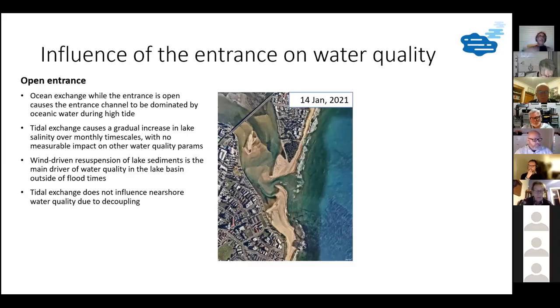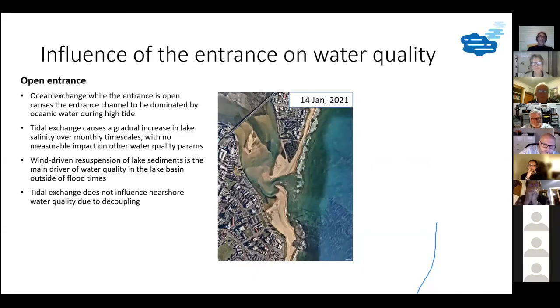But it also increases nutrient concentrations, and also things like microalgae concentrations. So that process of what we call wind-driven resuspension is really the main driver, as we would measure it in that lake basin.